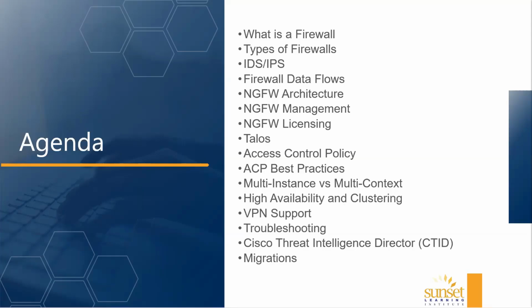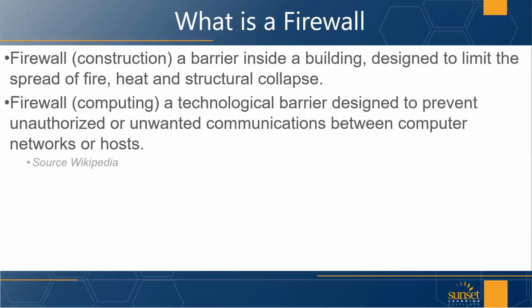All right. So what is a firewall? In construction terms, it's a barrier inside a building designed to limit the spread of fire, heat, or structural collapse. So we'd have firewalls, and then you'd have to punch holes in firewalls to allow conduit to go through and so forth. We have the same concept in computing.